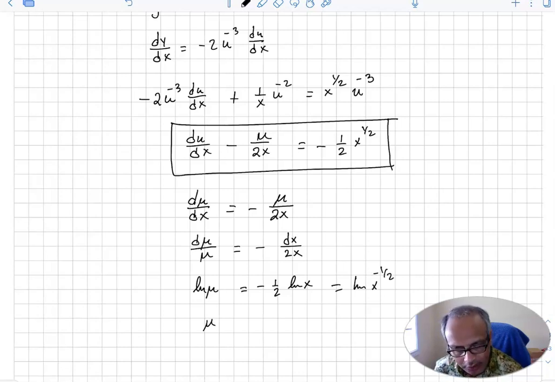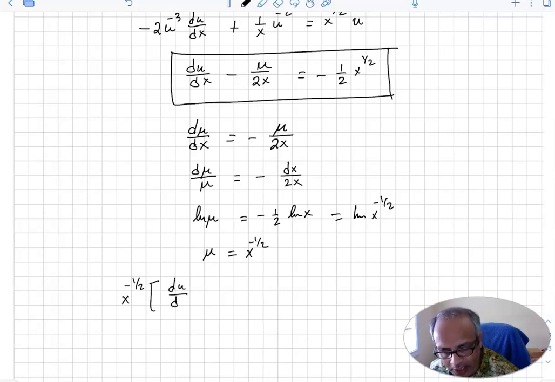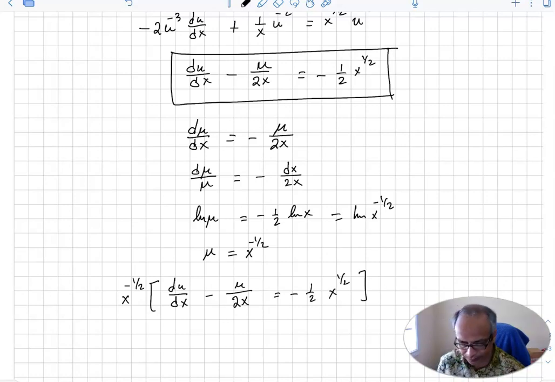So mu is going to be x to the power negative half. Now I will multiply the equation by x to the power negative half. The equation is du/dx minus u divided by 2x equals negative half x to the power half.